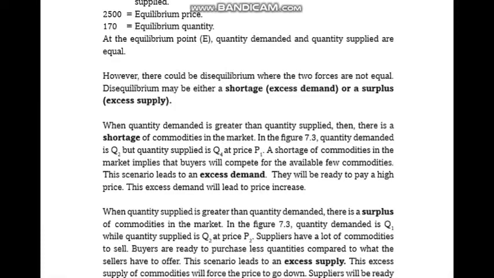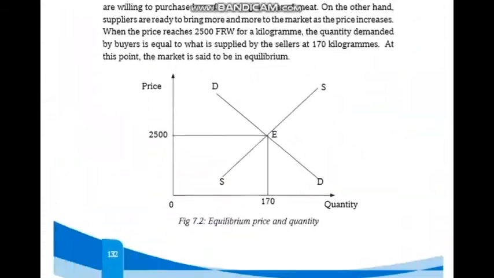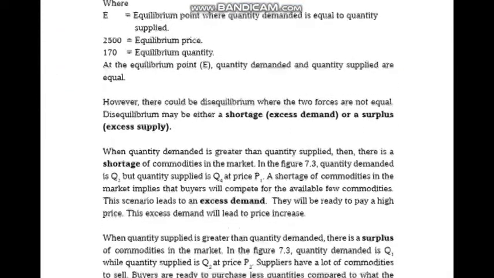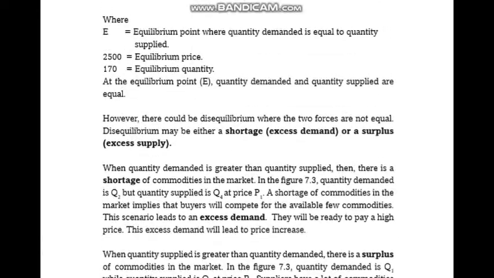At the equilibrium point E, quantity demanded and quantity supplied are equal, as we have shown here on this graph.